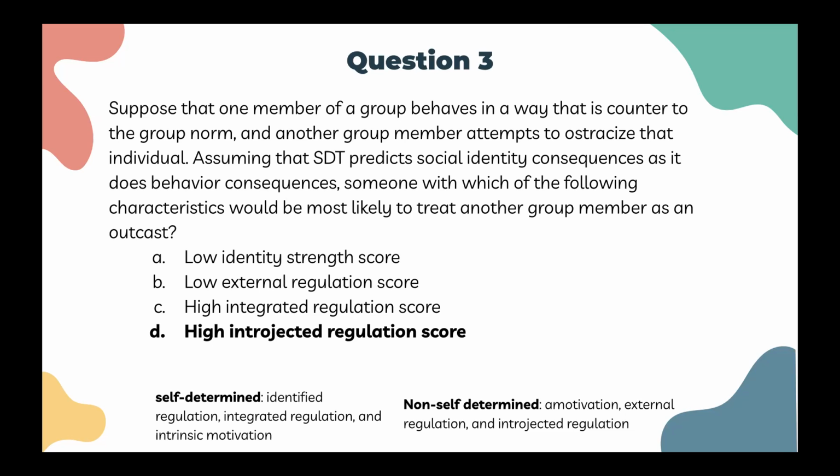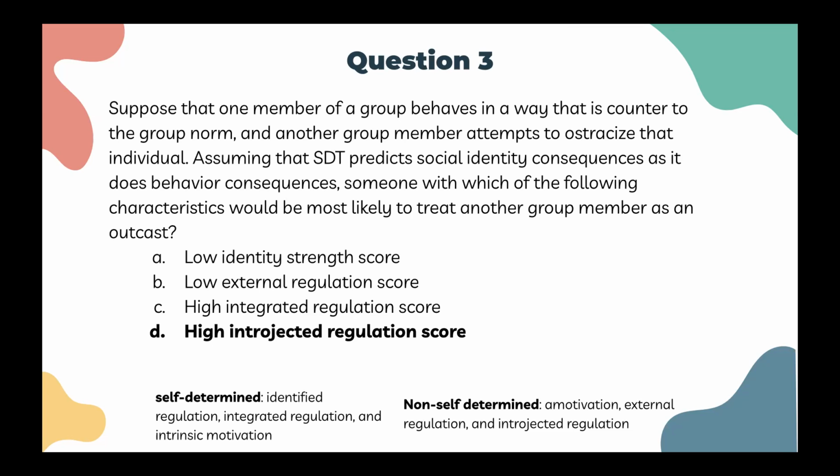You say choice B is not correct because this is SDT. So choice B, okay, in the question stem, the person is trying to ostracize another member. That's a negative behavior. And like the passage states, negative behaviors are likely to be brought on by non-self-determined motivations.